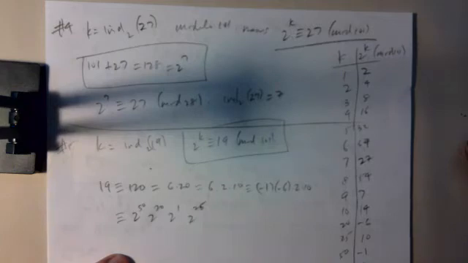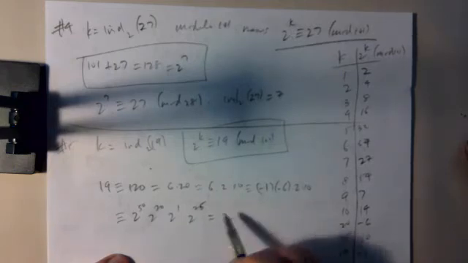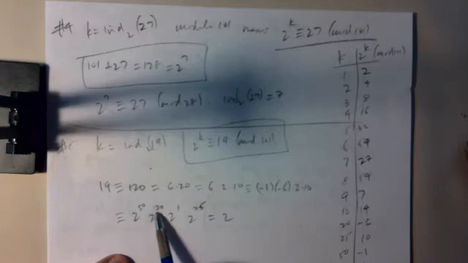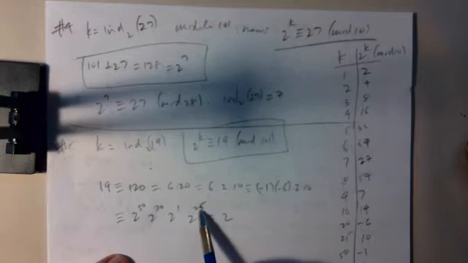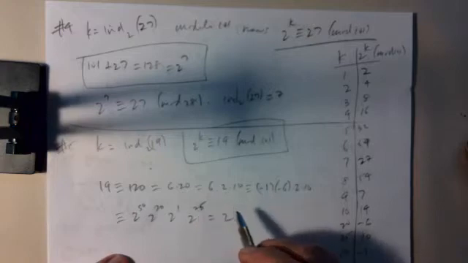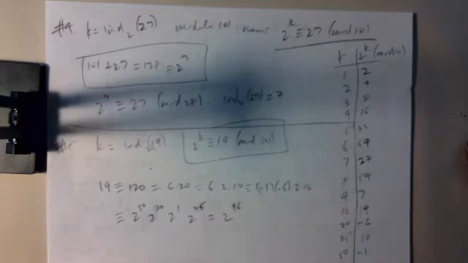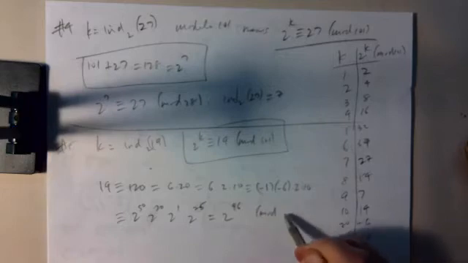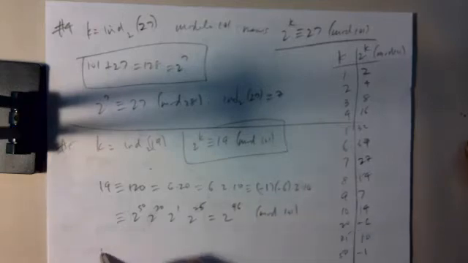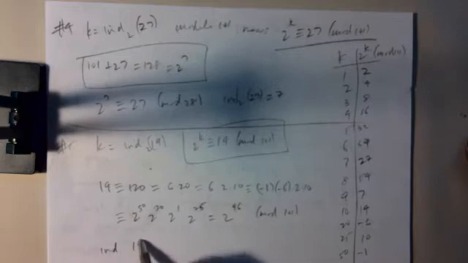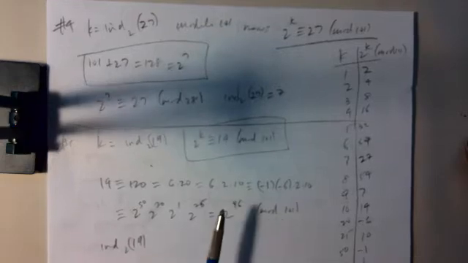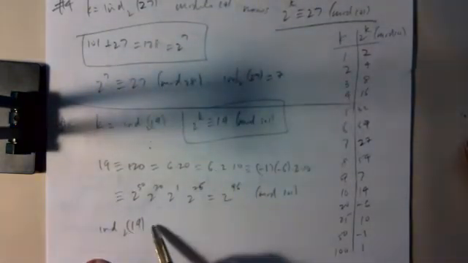So this is equal to 2 to the 50 plus 20 plus 1 plus 25, which is 96 mod 101. So the index of 19 with respect to the primitive root 2 is 96. That makes more sense.